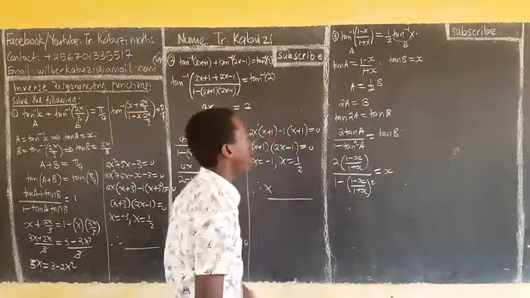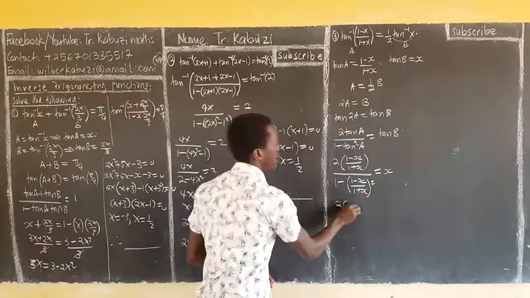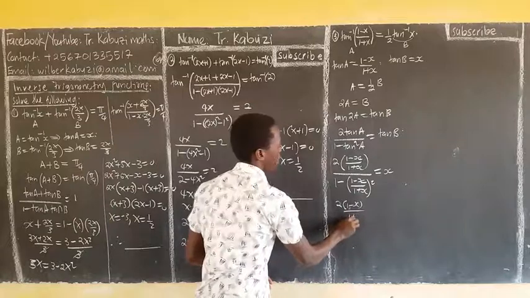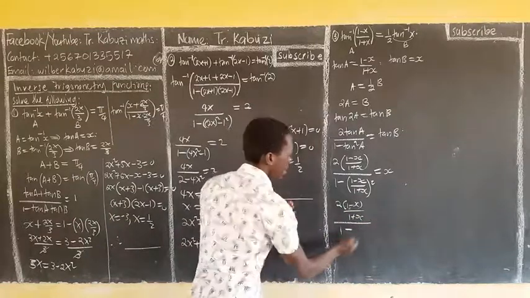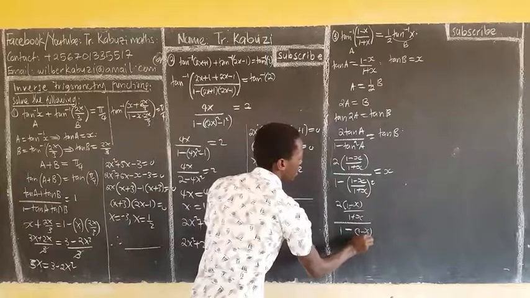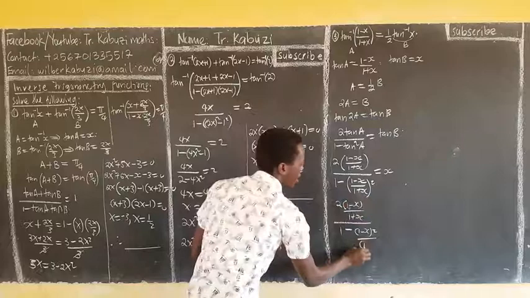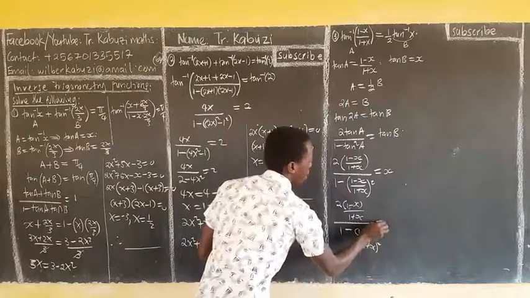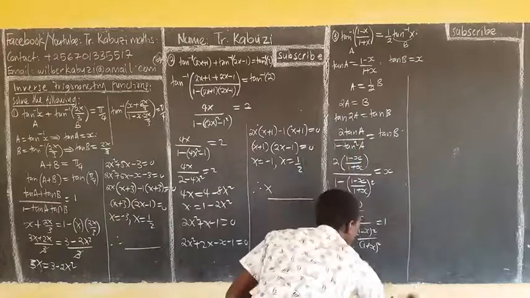So we just simplify. So up I will be having 2 into 1 minus x over 1 plus x. Then down I have 1 minus, this will be 1 minus x over 1 plus x, applying the power here, squared equaling 1.